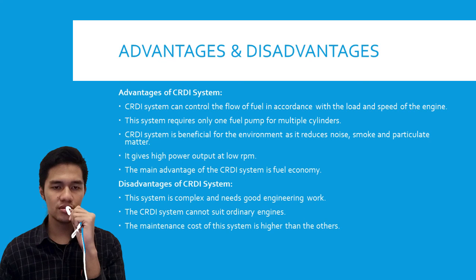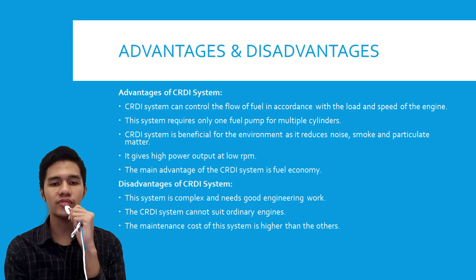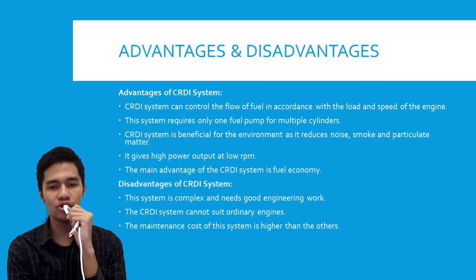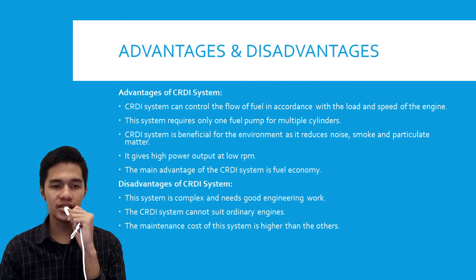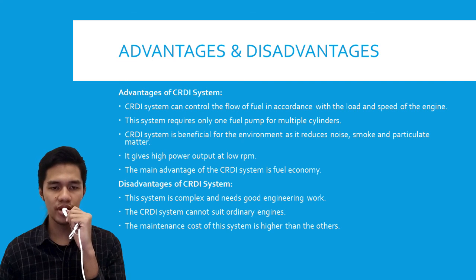Next, the CRDI system is beneficial for the environment as it reduces noise, smoke, and particulate matter, because it gives the engine perfect combustion by balancing the fuel air mixture. Next, it gives high power output at low RPM because it controls the combustion at low RPM. And the main advantage of the CRDI system is fuel economy.